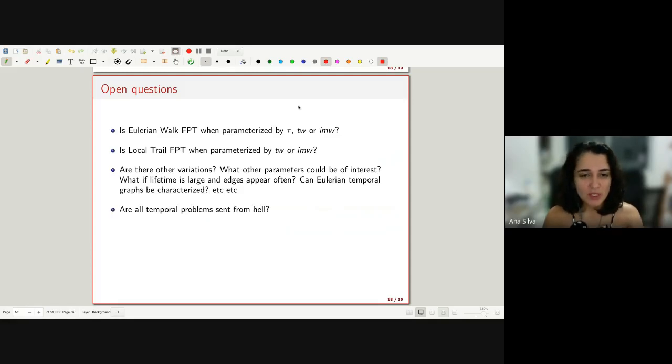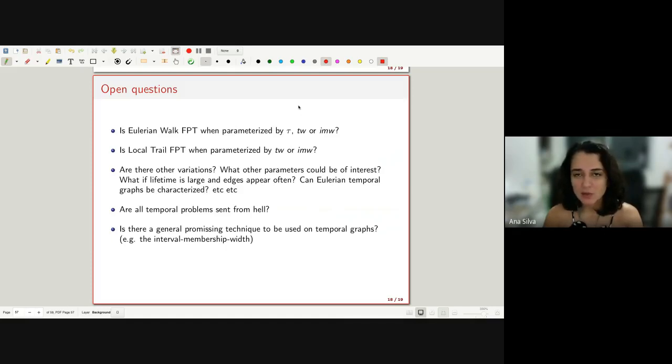But more generally, I really wanted to find a nice basic graph theory concept that would carry over nicely to temporal graphs, that would become polynomial and very natural, let's say. I'm still in search of that. This is also very interesting. You can ask about general promising techniques to be used here, because in general, really things become very hard very fast.